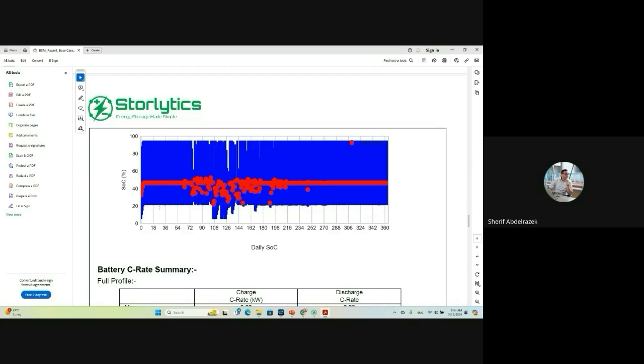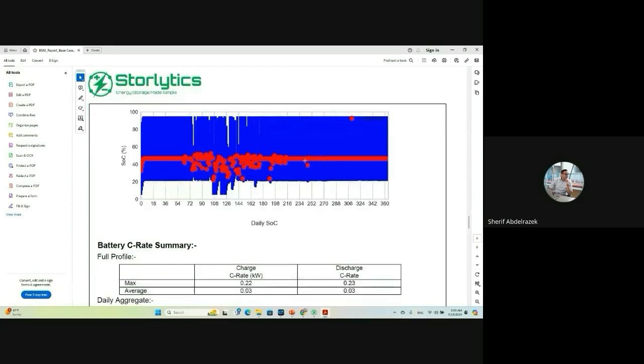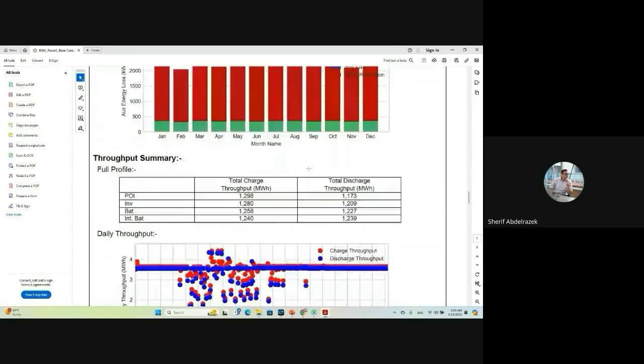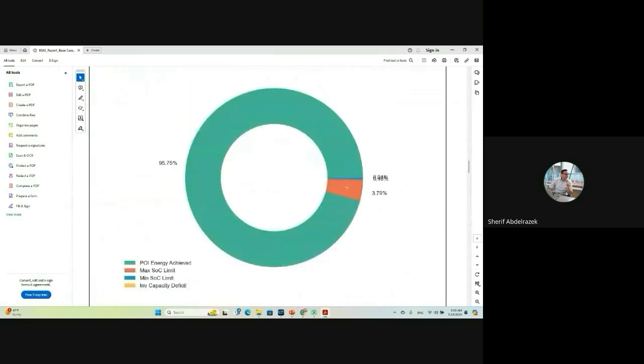So if we take an example here and look at day 18, my minimum was about 20%, maximum state of charge 95%, and the average was about 45%. So I can see here that a lot of the days I'm hitting the 95% upper bound of my state of charge range. So now this further explains this 3.8%.